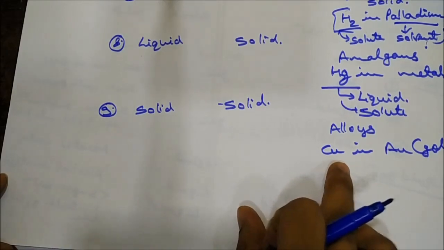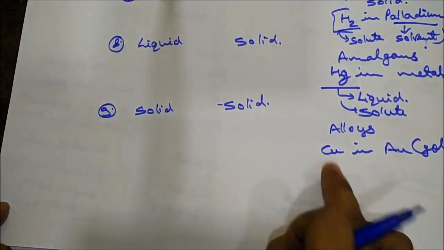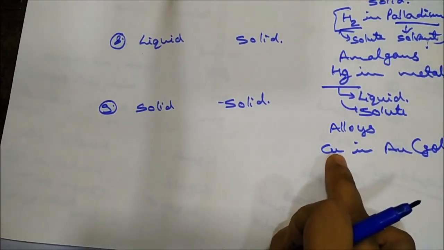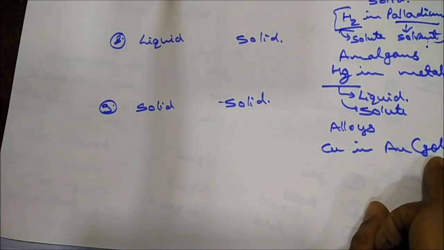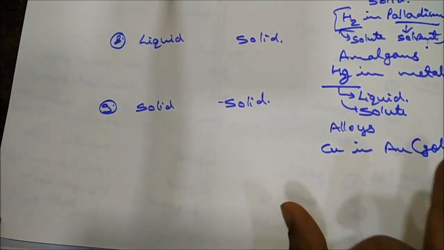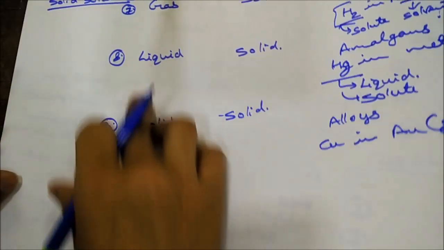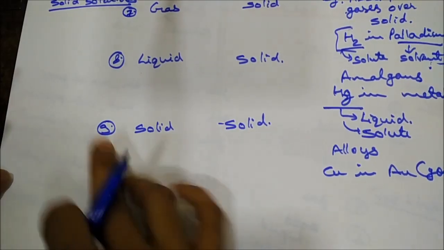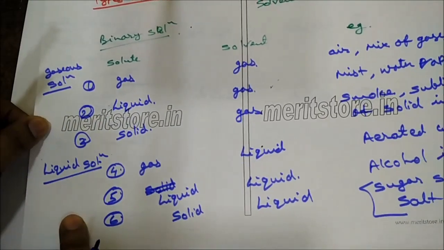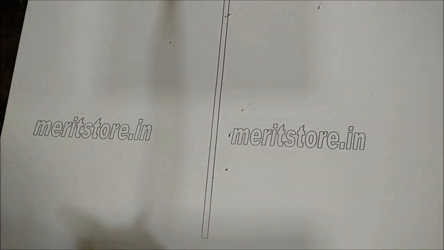So this is the example of solid solution. Here copper is in small amount, so it is our solute, and the gold is in larger amount, so it is our solvent. So these are the different types of binary solutions: solid solutions, gaseous solutions, and our liquid solutions.